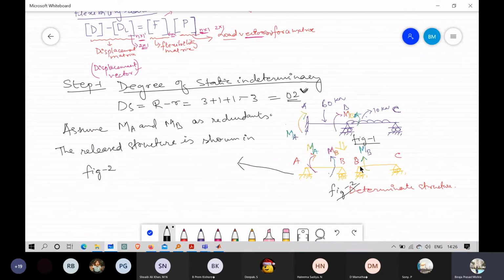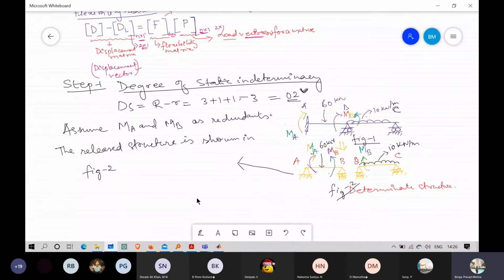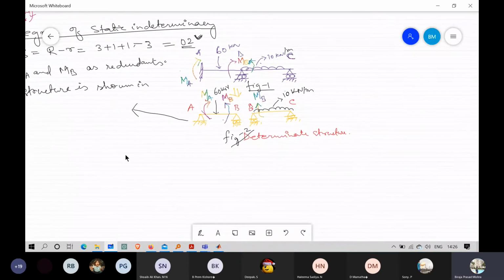Please don't forget that here we have a UDL of 10 kilonewton per meter, and we also have a 60 kilonewton load. Now from this figure, we need to draw the bending moment diagram.